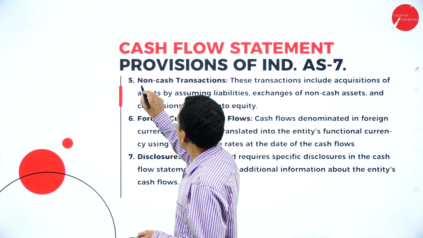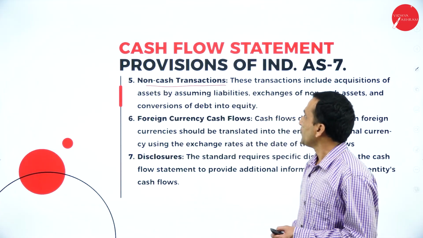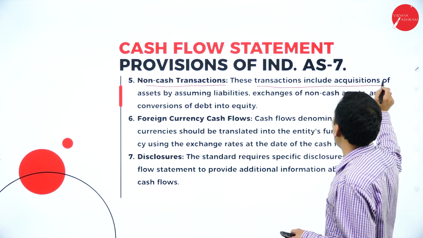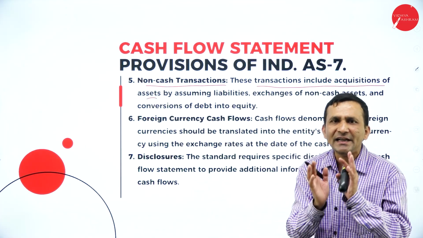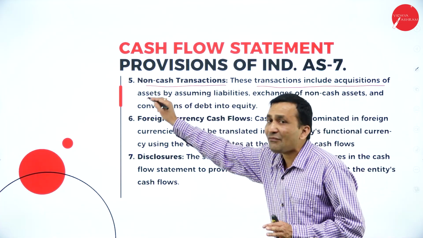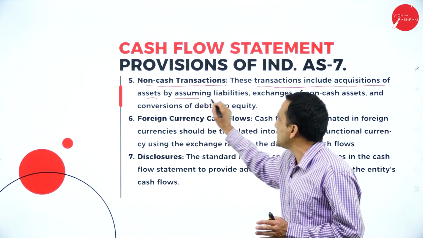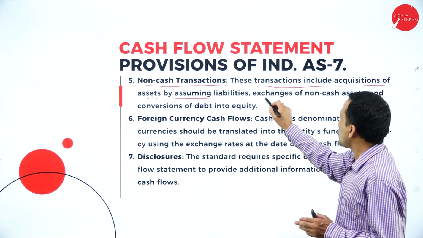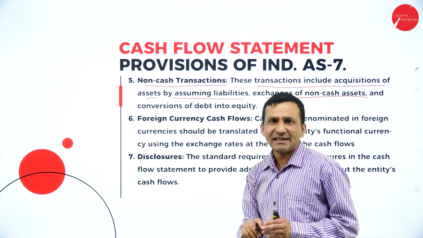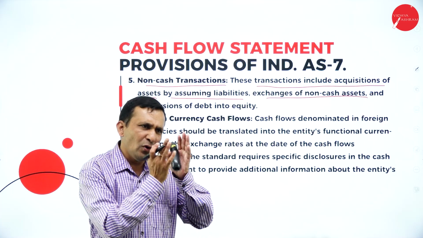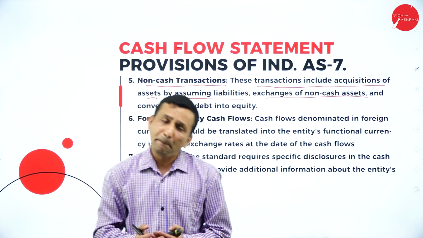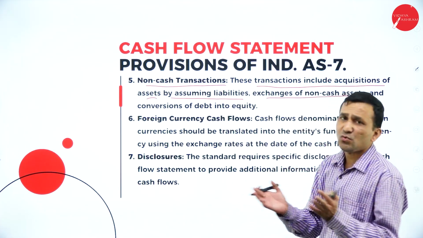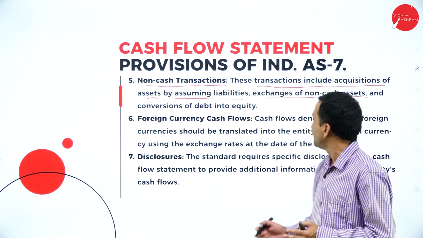Moving forward, non-cash transactions. These transactions include acquisition of an asset. We are not talking about cash. So which is one kind of acquisition of an asset by assuming a liability. So exchange of non-cash assets. That means what? If you have an excess building you are selling, at the same time you are acquiring machinery or equipment, which is one kind of non-cash transaction.